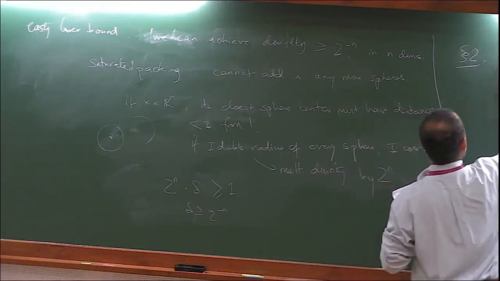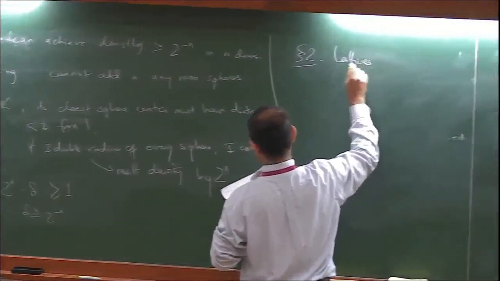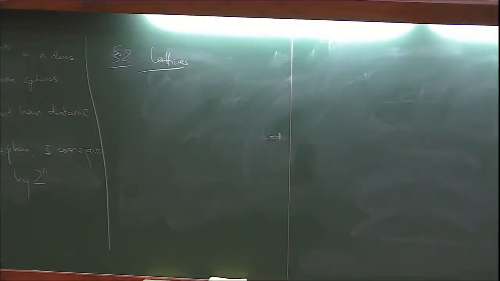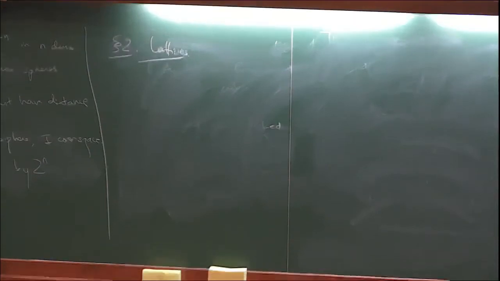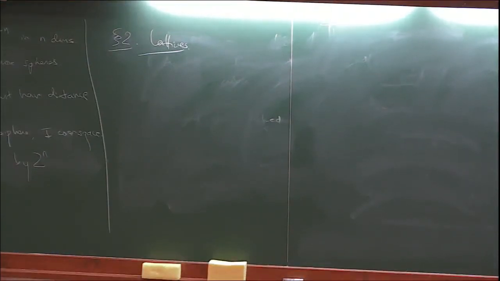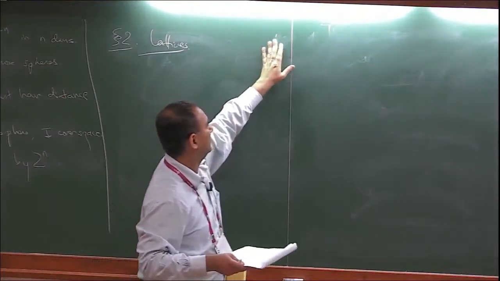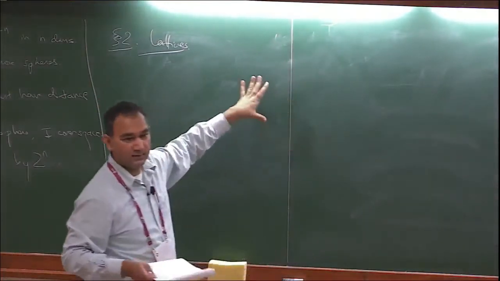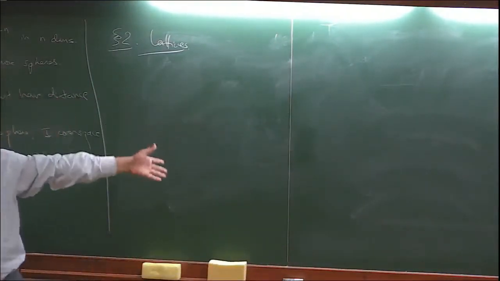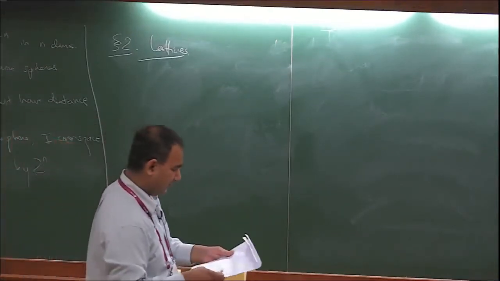Right, so let me just say lattices. As we've seen, in low dimensions the highest density for most of these dimensions could be attained by lattice packings, although also by many other things, but certainly by lattice packings.